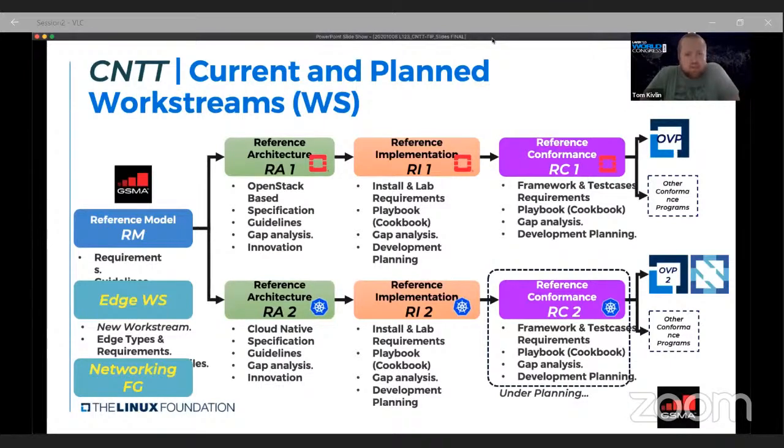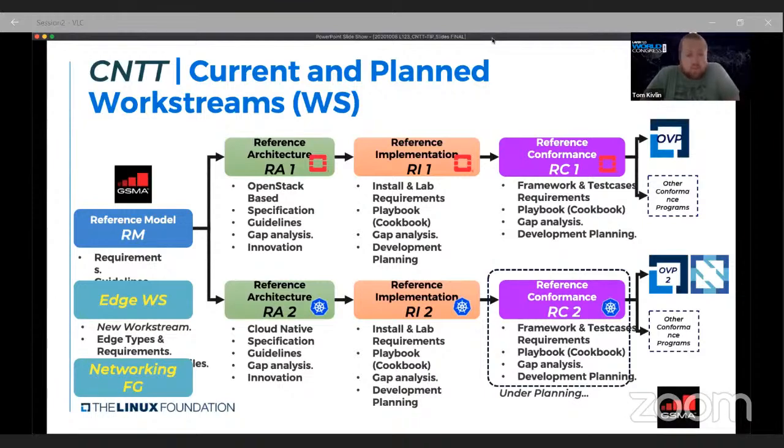The idea then was that for each discrete technology, so the two that we're focusing on are OpenStack and Kubernetes, there'd be a stream of work starting with a reference architecture, leading through to a reference implementation, which is a singular thing for people to be able to deploy in any lab to test their platforms or their workloads against, and then a reference conformance suite, which is the test cases that something like OVP or other conformance programs would need to run to assess the conformance of a platform against reference architecture 1 or 2, or a workload that can run on a deployment of something that's conforming to reference architecture 1 or 2.